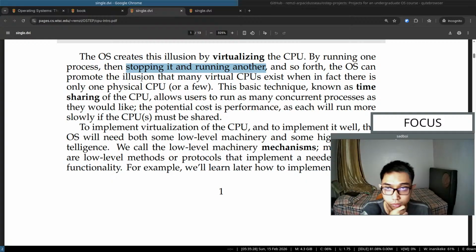The process can promote the illusion that many virtual CPUs exist, when in fact there is only one physical CPU.